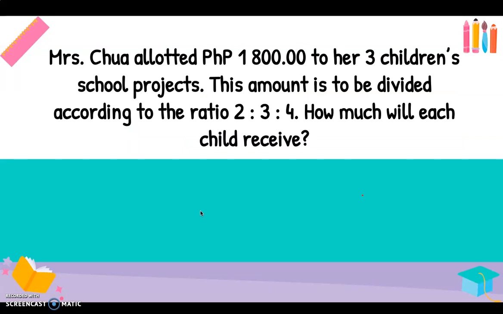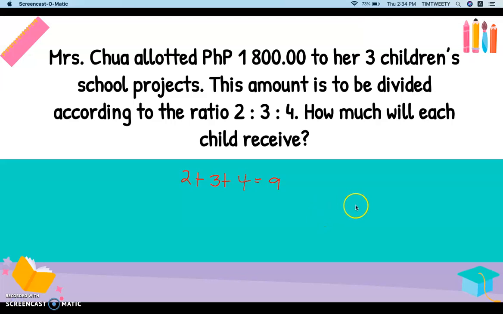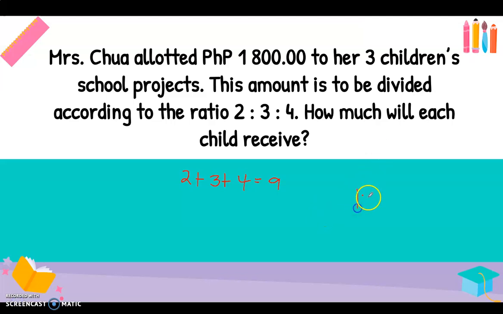To solve this, we need to follow the steps. First, we need to add the terms of the ratio to find the total number of parts. So we have 2 plus 3 plus 4, that equals 9. Then, divide the sum to the 1,800.